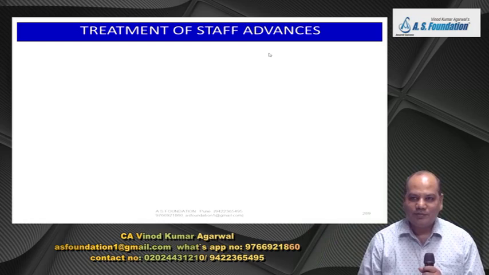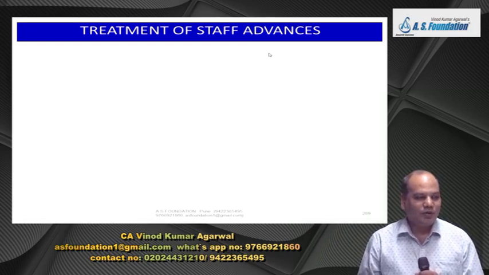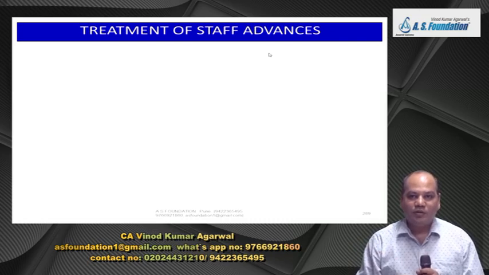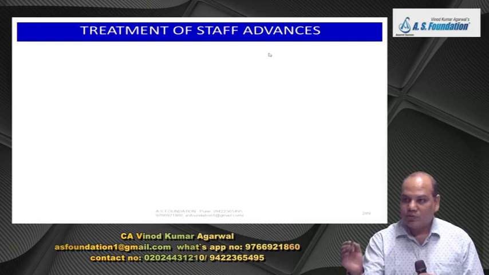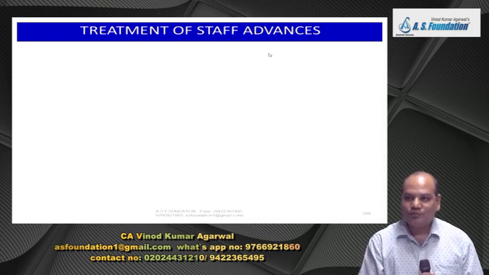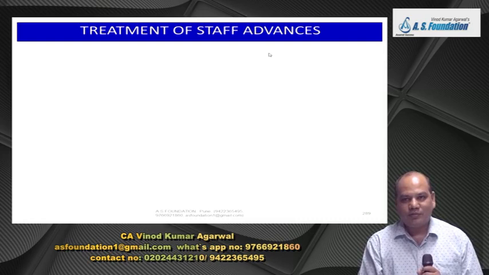True or false? False. I was checking whether you are awake or not. They charge low rate of interest. Sometimes zero rate of interest also. Now the standard says, while doing accounting, calculate the fair value of the loan given to staff, which will be present value of future cash flow discounted at market rate of interest.